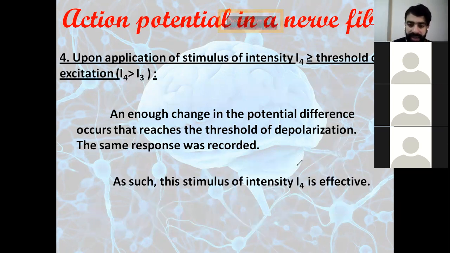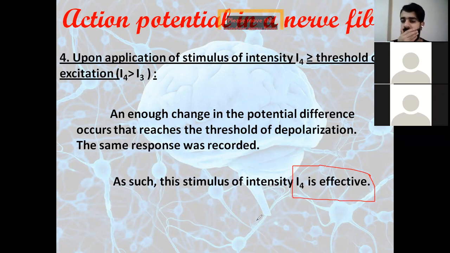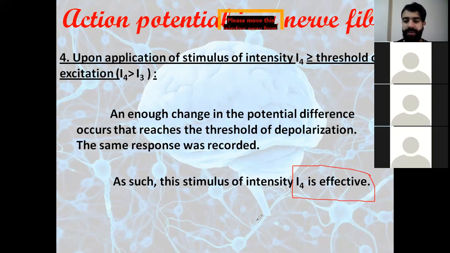Okay, Selena, why did I say only effective? Why didn't I mention that it's also the threshold of excitation? Why do you think? Because I3 was the threshold of excitation, and I4 is greater than I3. Can you explain to me the meaning of threshold? Why do we say threshold of excitation?